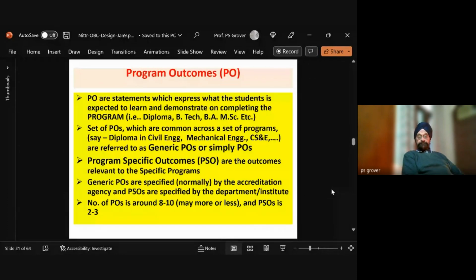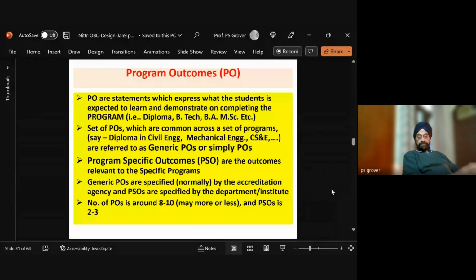When I say my POs will be this, then POs help to design the curriculum. Curriculum will involve the syllabus, extracurricular activities, and co-curricular activities. Those activities should help us achieve these POs.